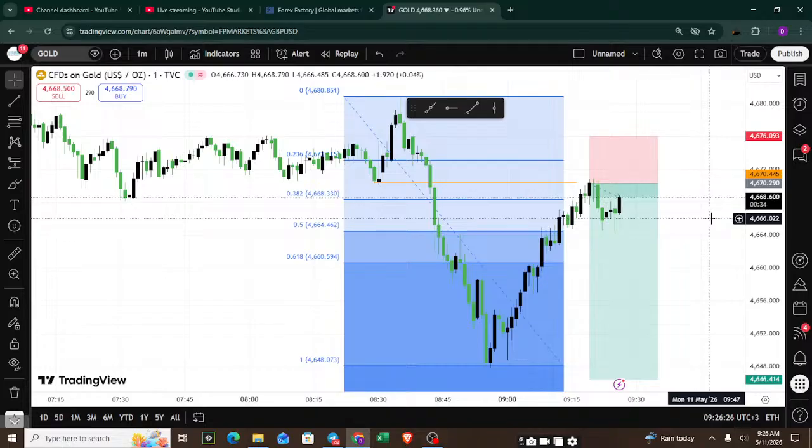Remember, this is a game of probabilities. So even if the probabilities are not on our side today, then tomorrow we are there once more. The same time, same system, same rules, same execution, but different results.